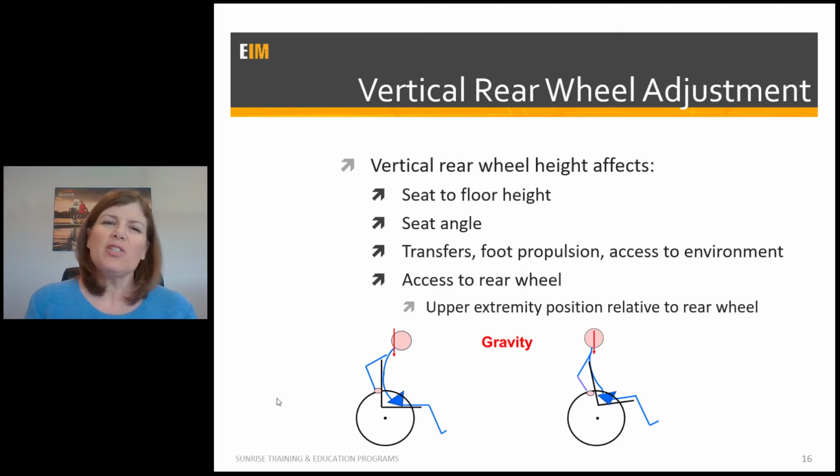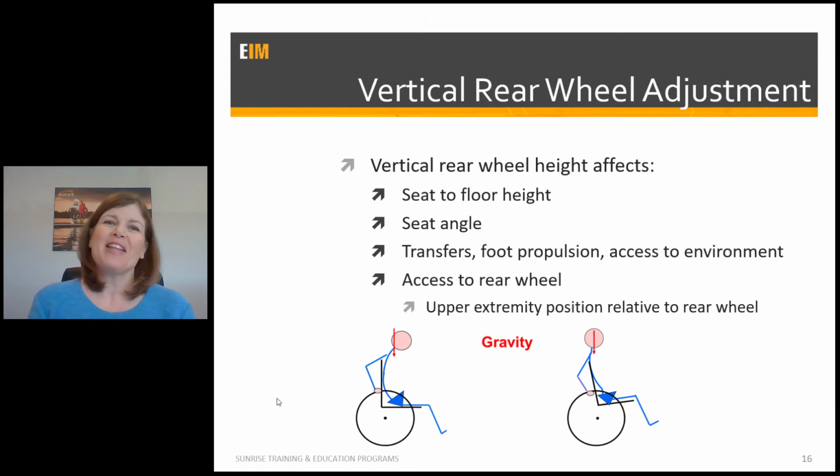What this allows me to do if I'm adjusting the vertical rear wheel position is that this is going to adjust the seat to floor height for the client. This can also change the seat angle or the seat slope. So if my front seat to floor height is higher than my rear seat to floor height, I'm introducing some seat slope.